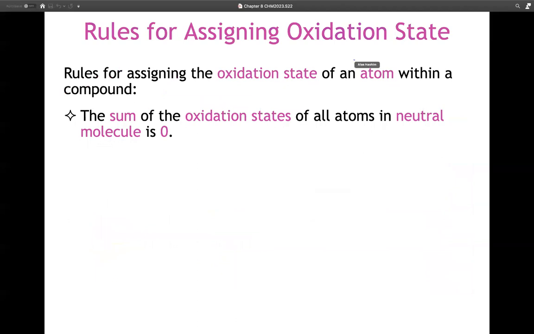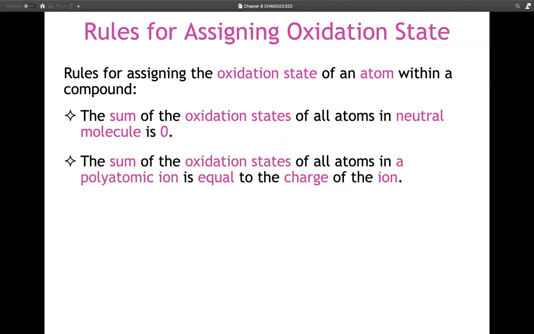So if we are dealing with a neutral molecule, its oxidation state is always going to be 0. For instance, oxygen gas exists in nature as a diatomic molecule, so its oxidation state is 0. If you have zinc, just the metal on its own, its oxidation state is also 0.